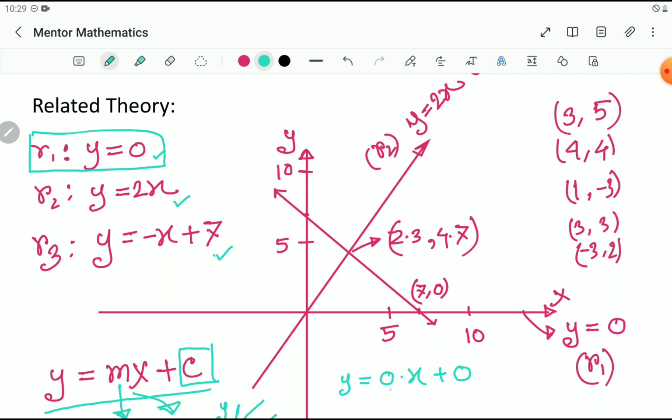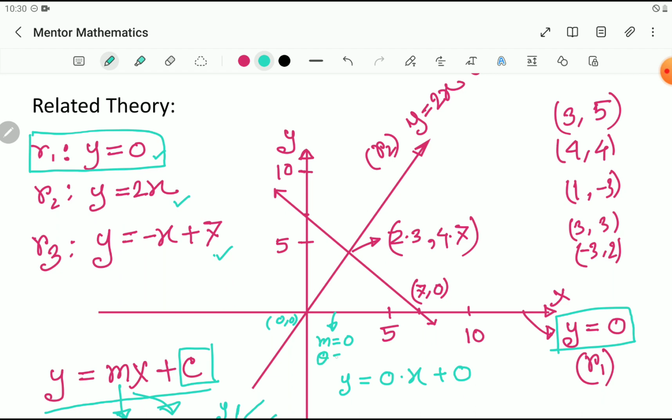Which means this is the equation of the x-axis. Here the equation of the x-axis is y equal to 0.